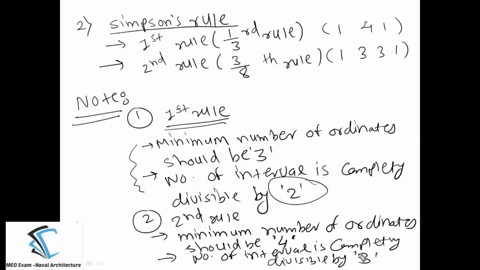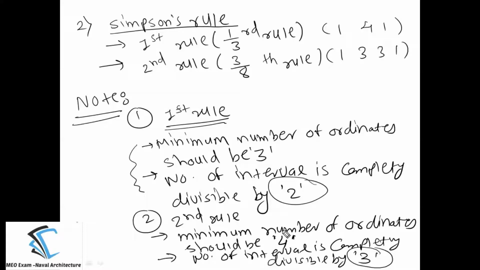These are very important points. See why I am saying this. If you get numericals, they will not ask you which rule is applicable or which rule you have to use. You have to see how many intervals are available, and then check these two conditions. If the number of intervals is completely divisible by 2, then you use the first rule. If the number of intervals is completely divisible by 3, then you use the second rule.